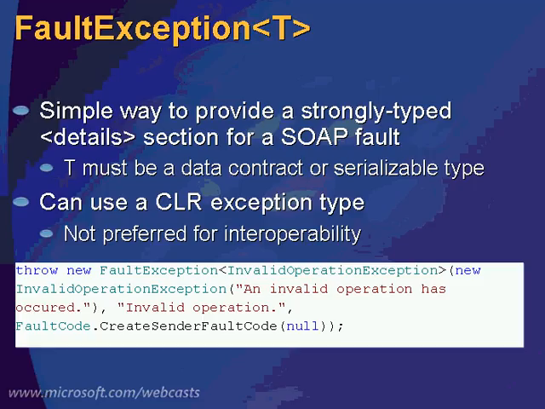So that means you could, in theory, use InvalidOperationException as shown here, and that would be a CLR exception type that you're opting in to serialize inside the details section. So what you'll see here is that we're throwing a new fault exception of type InvalidOperationException, providing to it an instance of an actual InvalidOperationException, and then providing a reason, which is the short string that we'll see at the client, and then we're providing a fault code, which could be sender or receiver. Okay.